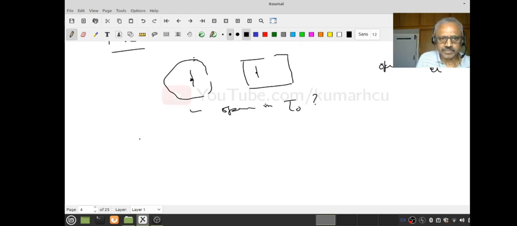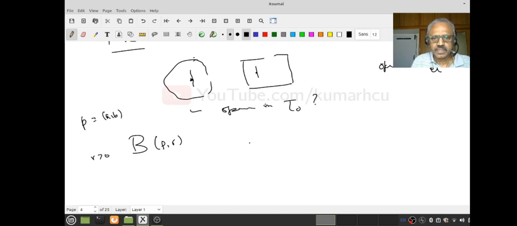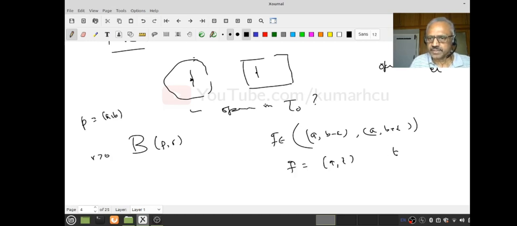For example, let me look at P equal to (a, b), and I am looking at r positive. Now let's look at (a, b minus epsilon) to (a, b plus epsilon). Let q be any point in this interval. Then q is of the form (a, t), where b minus epsilon is less than t less than b plus epsilon.